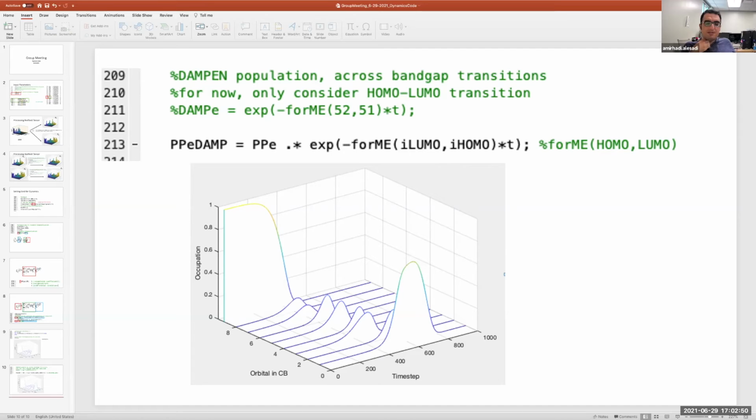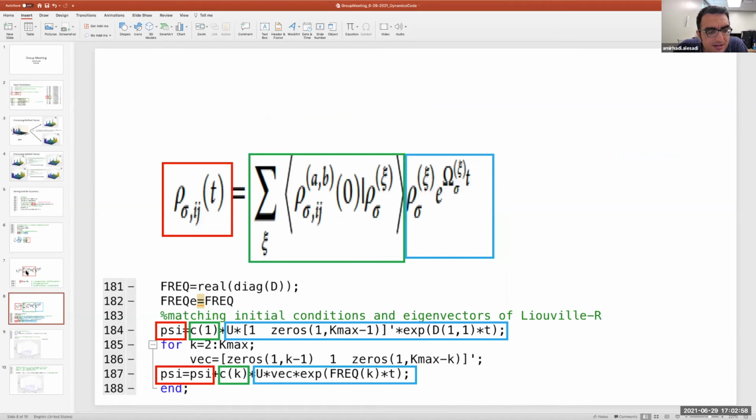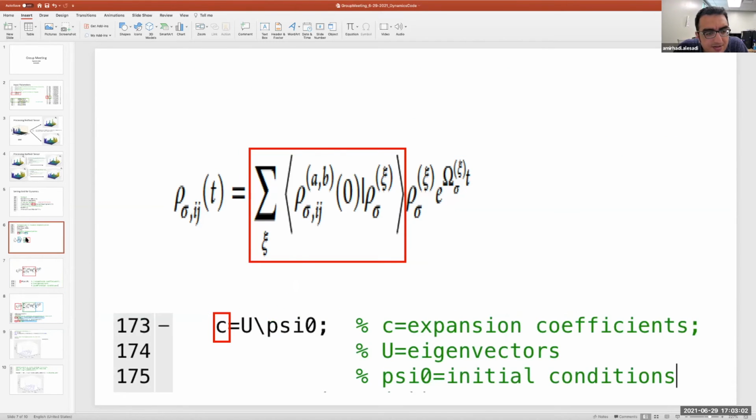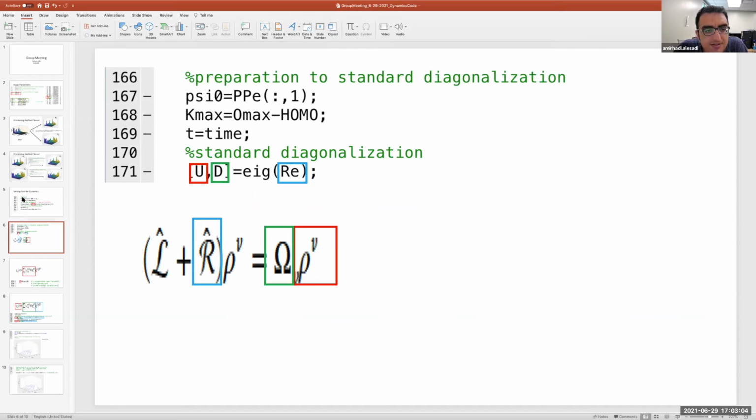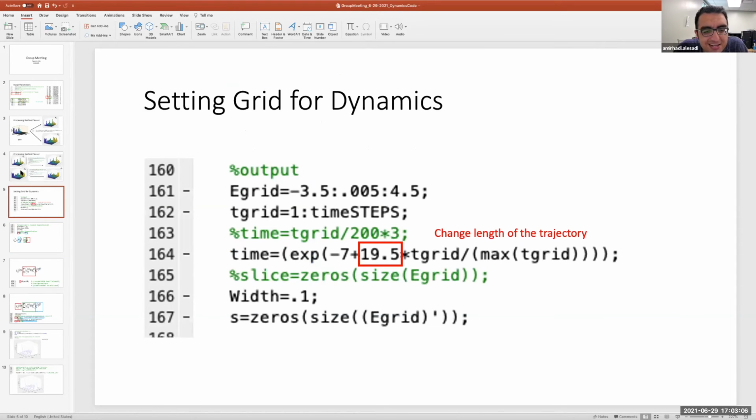Aaron, could you please go back 2 or 3 slides before? One before, maybe another one. Oh yeah, what's the line 161? What's the E grade here from -3.5 to 4.5?